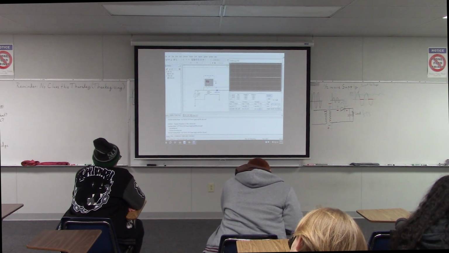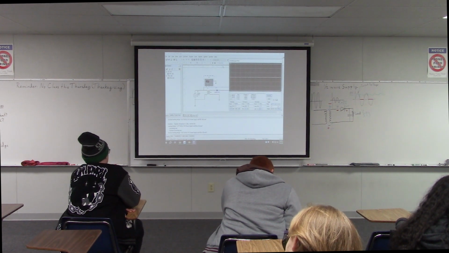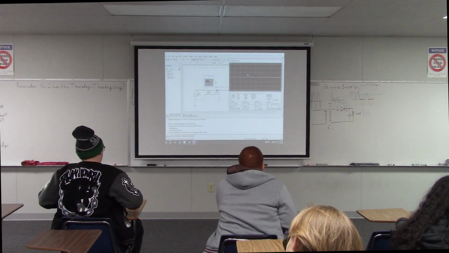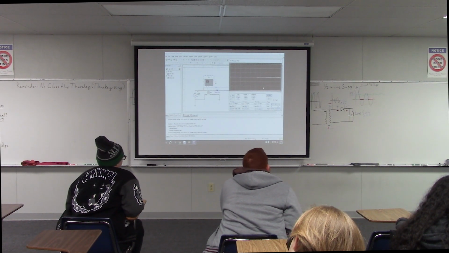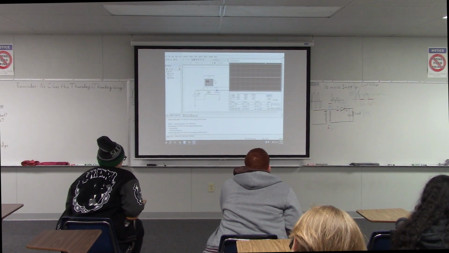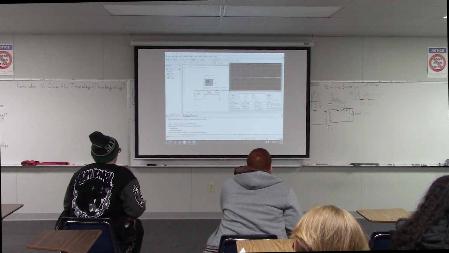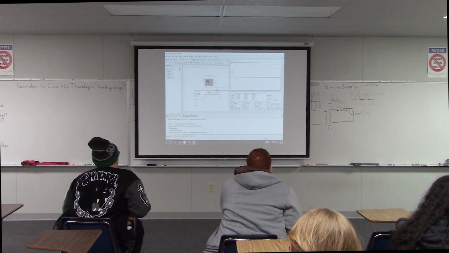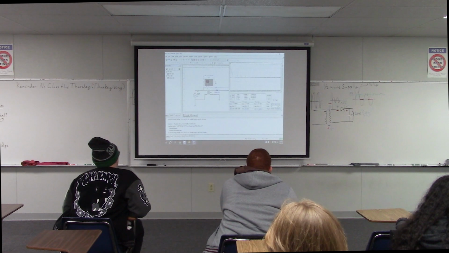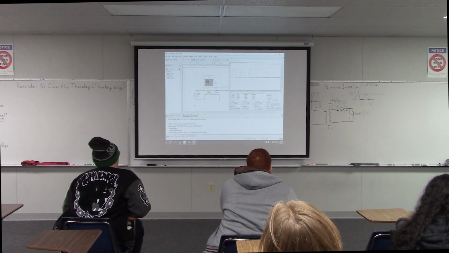and we see the signal bouncing around there. It's probably really hard to see the signal on that black background right now. So what I'm going to do is push this reverse button, and that makes the signal show up a little bit more clearly. I'm also going to use a trigger.